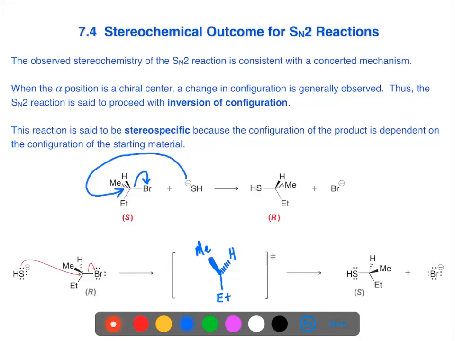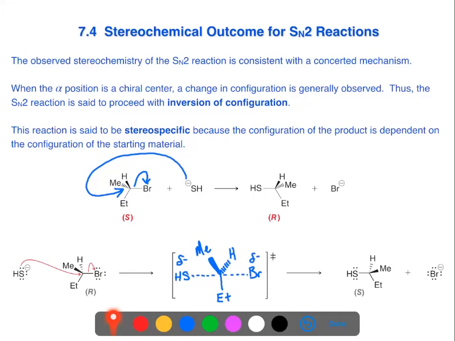And on this alpha carbon, there's an incoming nucleophile, the hydrosulfide ion. And there's the outgoing leaving group, the bromide. Now there's a partial minus charge associated with both the incoming group, which is carrying some additional electron density as the anion, and as well there's going to be some partial negative charge associated with the leaving group because the bromine atom is very electronegative.